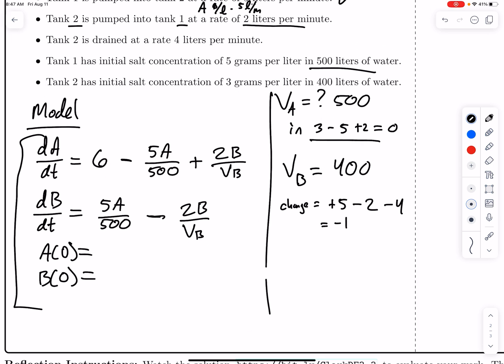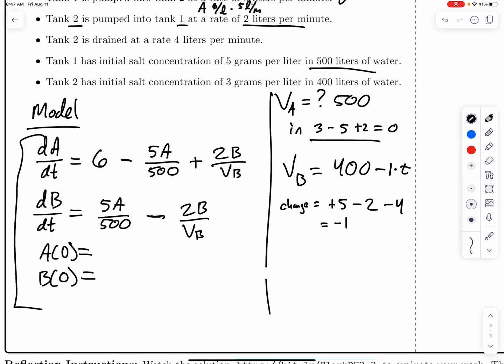So if it starts at 400 and it's losing 1 liter per minute, it's just going to be 400 minus T. It's going to drain down, right? Over 400 minutes, it's eventually going to get down to 0 because it's losing 1 liter per minute.